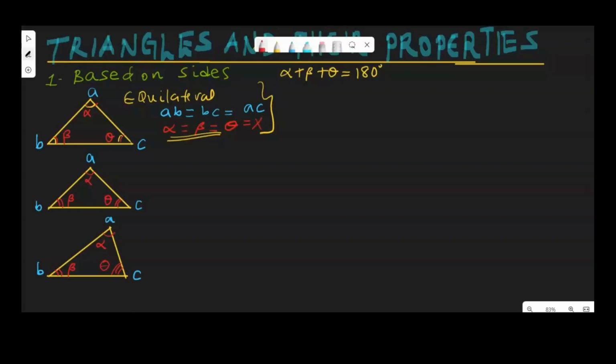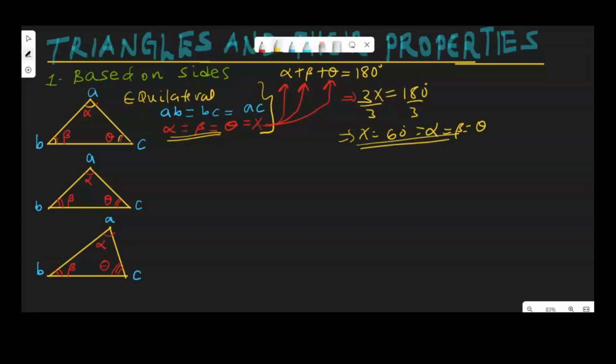So if we substitute x here, here, here, what we'll get is 3x is equal to 180 degrees, because x plus x plus x gives us 3x. So dividing by 3 on both sides, we have x is equal to 60 degrees, which means alpha is 60 degrees, beta 60 degrees, and theta is 60 degrees. That's beautiful.